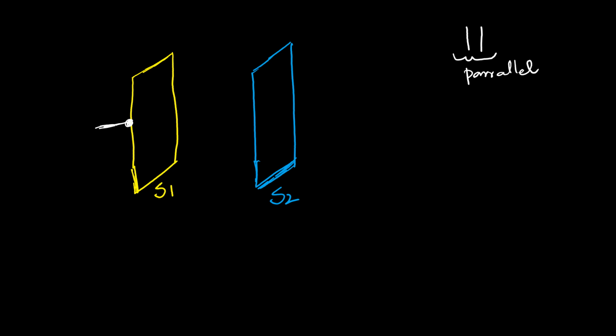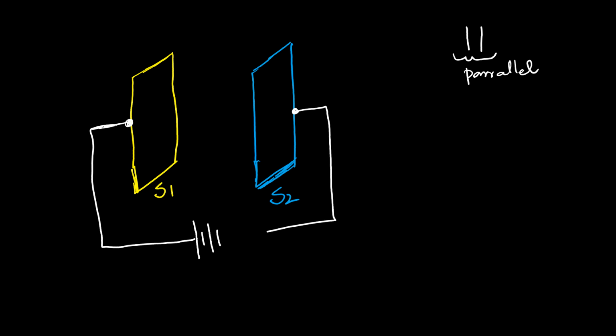These metallic plates are connected with the positive and negative terminals of the battery. Suppose that here we connect the parallel plates with a DC source, with its positive and negative terminals.